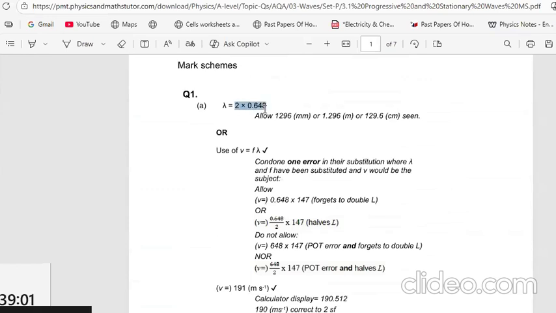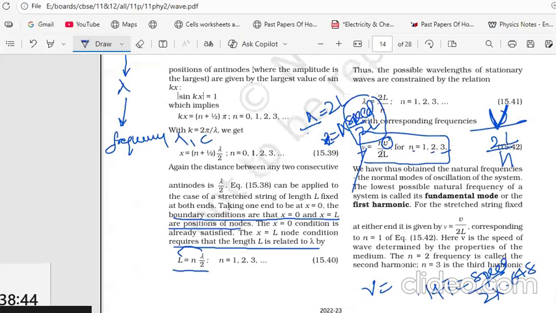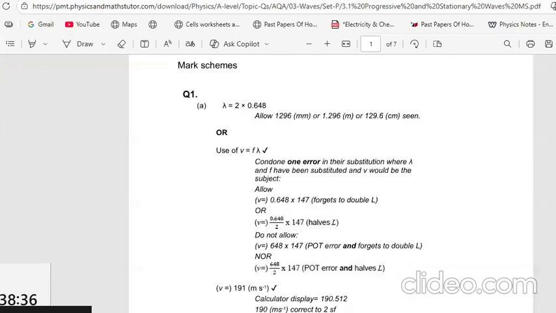Then he says, whatever he does. What is he trying? Yeah, he's trying to solve that. 147 and 2 come to the other side, and 0.648. So we get speed is equal to 147 into 2 into 0.648. So that's what he's done.